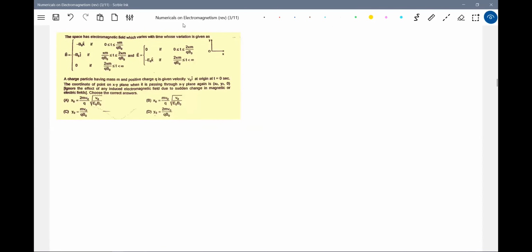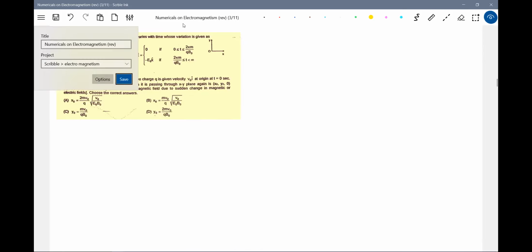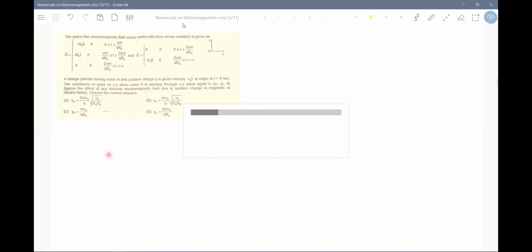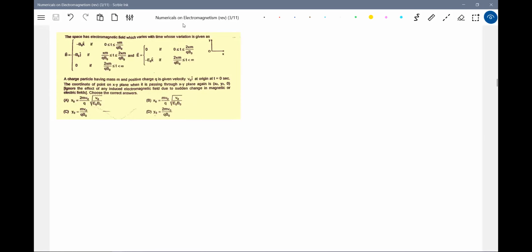There are typical problems related to motion of a charge in electric and magnetic fields. Always go for a plane diagram. The plane diagram will help us a lot. The space has an electromagnetic field, and the magnetic field is into the plane.